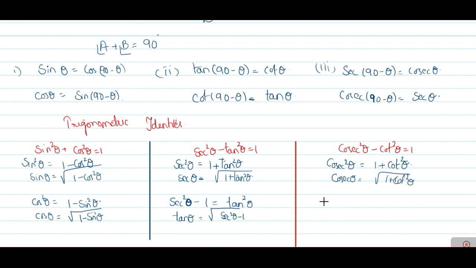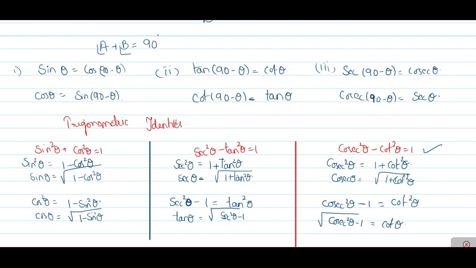Similarly, cosecant square theta minus 1 is equal to cot square theta. Transposing the square to the LHS, the square root of cosecant square theta minus 1 is equal to cot theta.